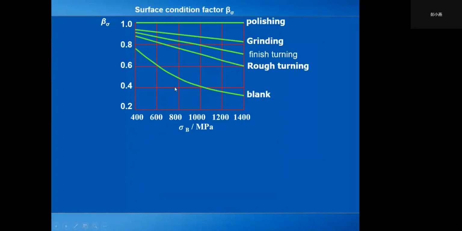And for this picture, after polishing, grinding, and finish turning, the surface condition factor beta sigma will increase, and the vertical stress will increase compared to rough turning and black material.